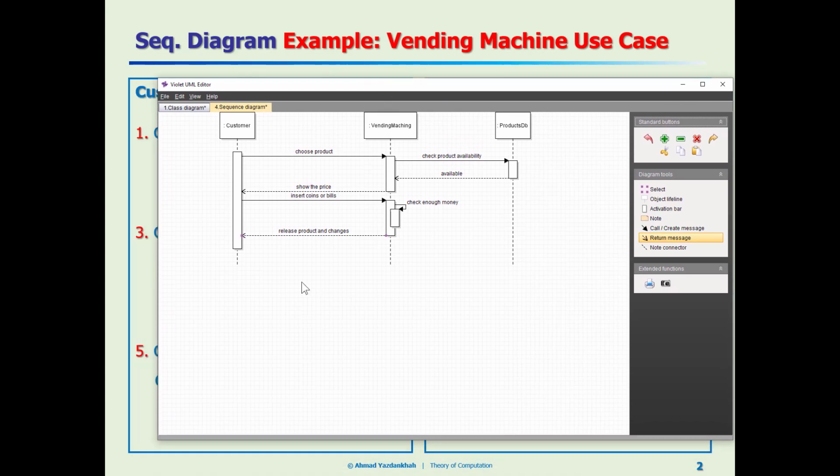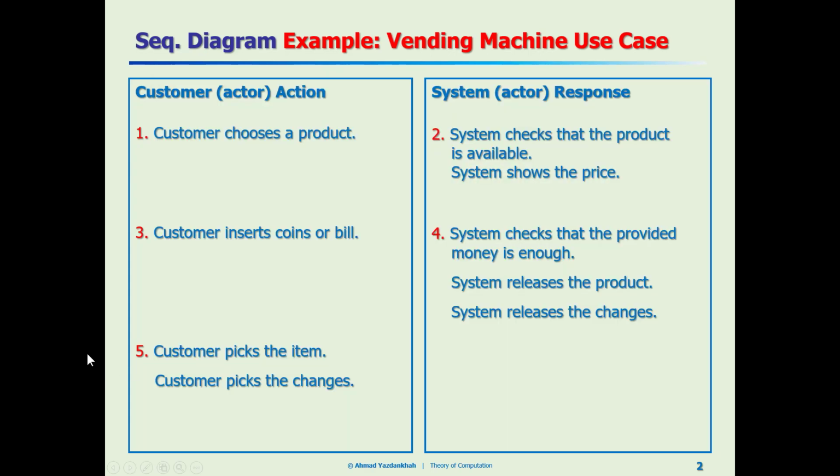After we finish our sequence diagram, we can take a picture here and it will copy the result into the clipboard. So let's do that. Now I can copy it and paste it in the slide.